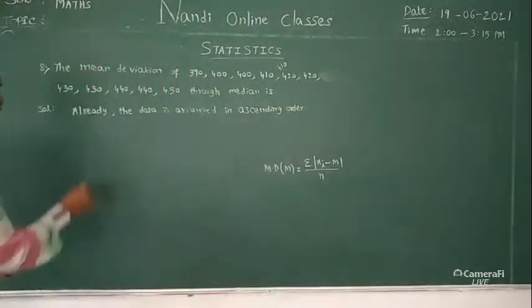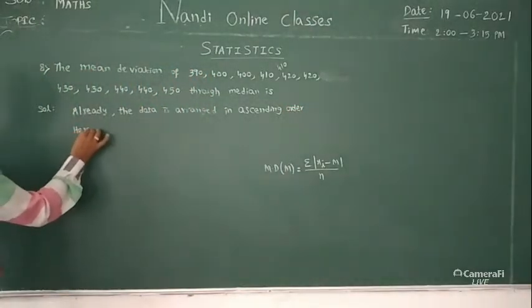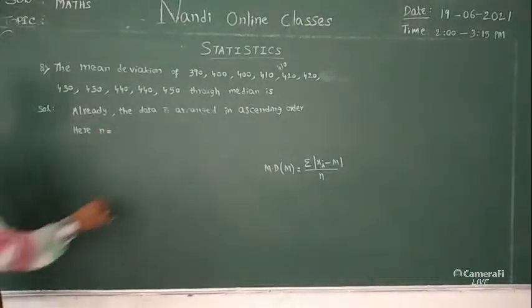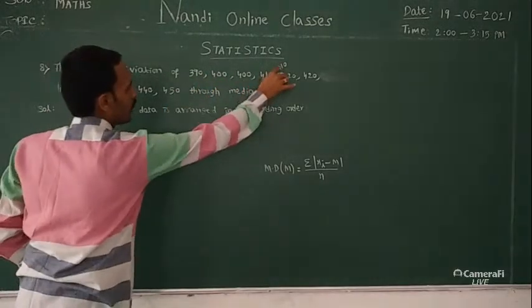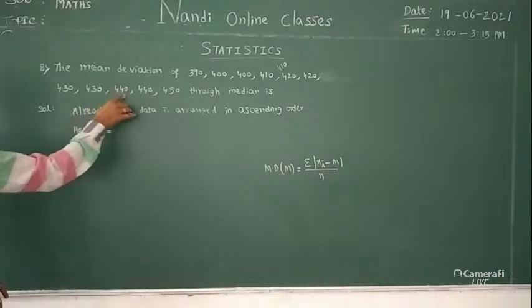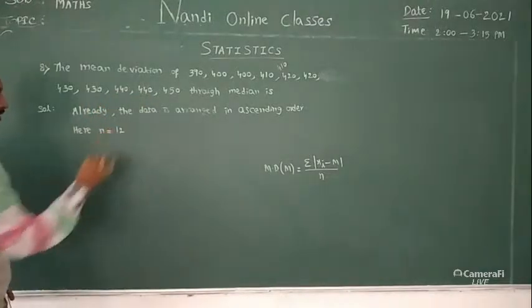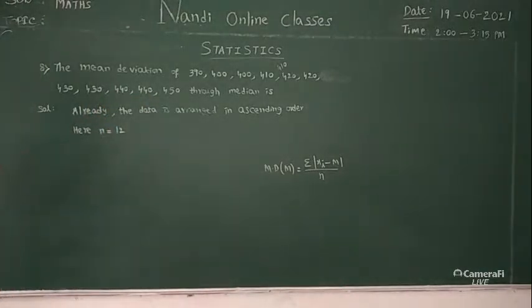Here n is equal to the number of observations, which is 1, 2, 3, 4, 5, 6, 7, 8, 9, 10, 12. So 12 observations are there. So 12 is an even number.